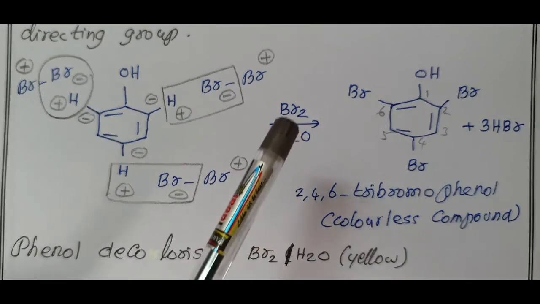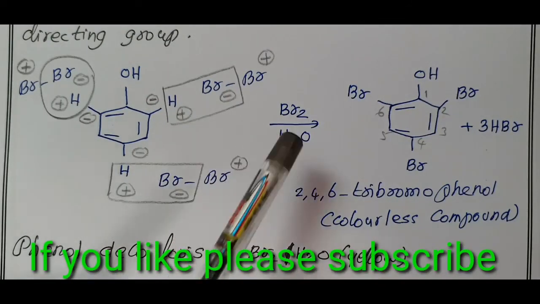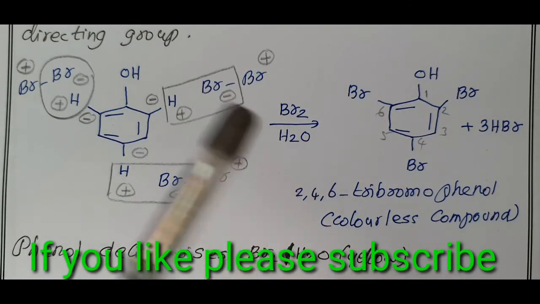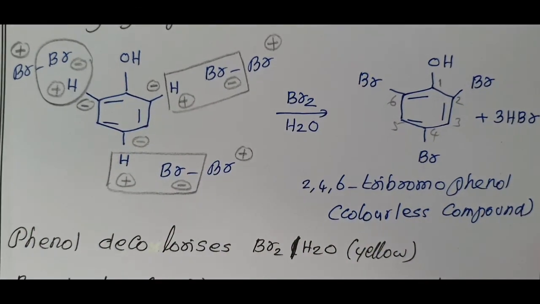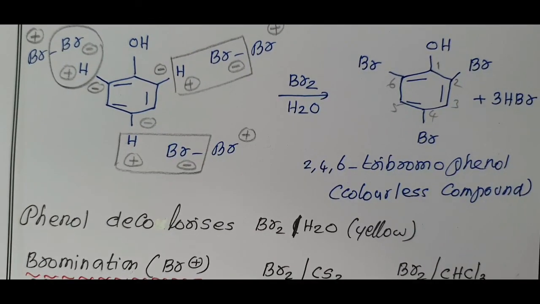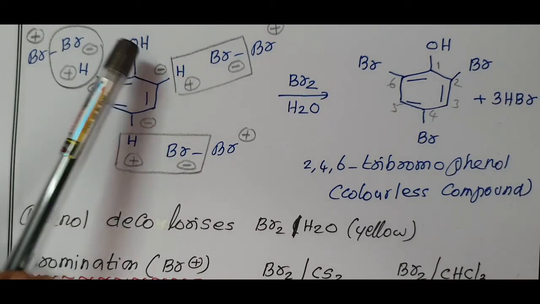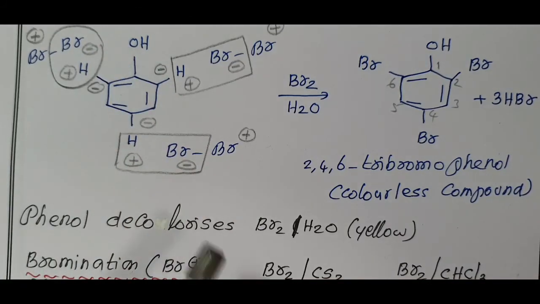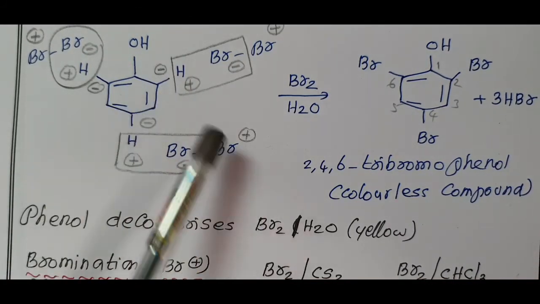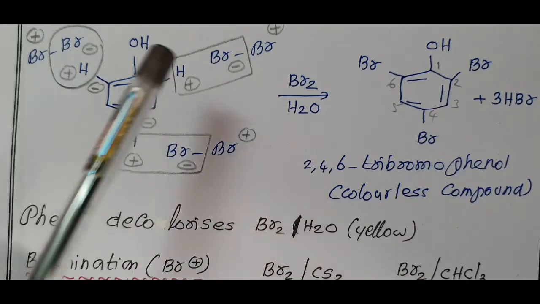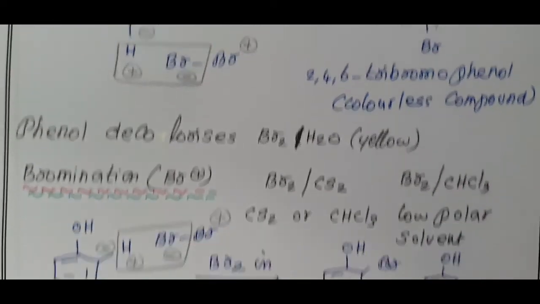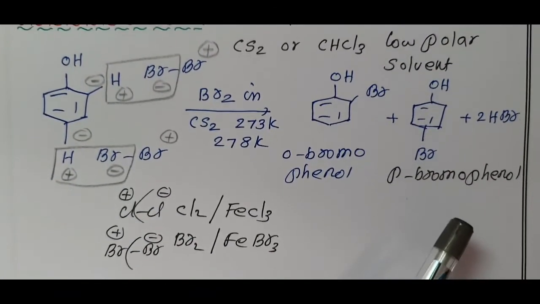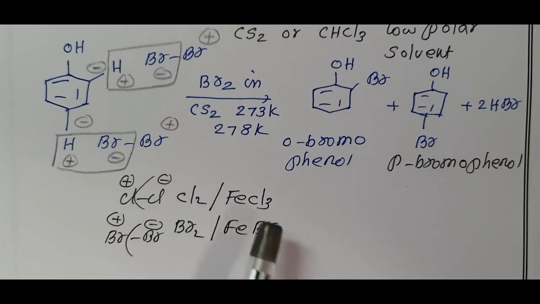Therefore, there is no need of using a Lewis acid in the bromination of phenol. In other compounds, we use FeCl3 and FeBr3. So remember, in phenol the OH group is a highly activating group, and it polarizes the Br2. In all other brominations, except aniline, we use a Lewis acid to polarize the halogen.